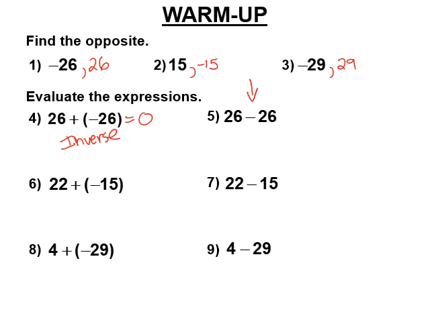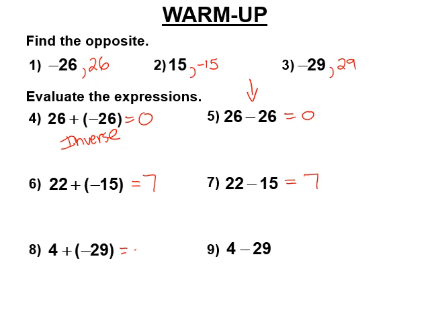So it turns out that 26 minus 26 is also 0. 22 plus negative 15, there are 7 extra positives. 22 minus 15, also 7. So I do this a lot in the warm-ups. There's a pattern there, right? Both sides are the same. Let's see if that continues.